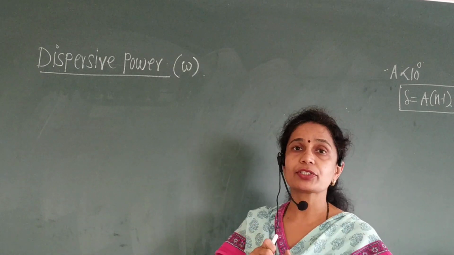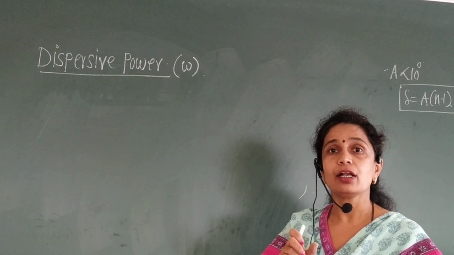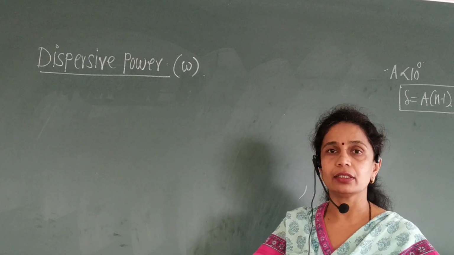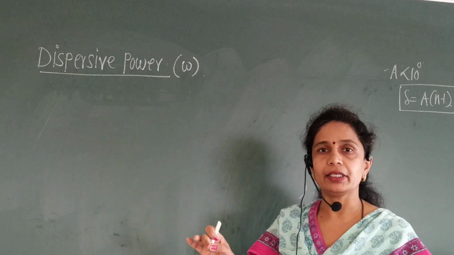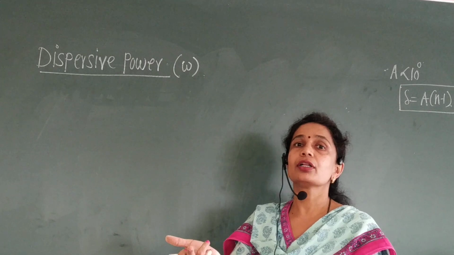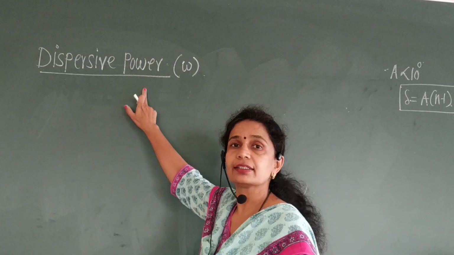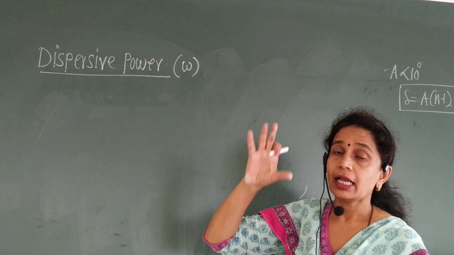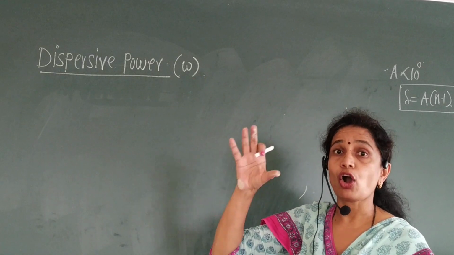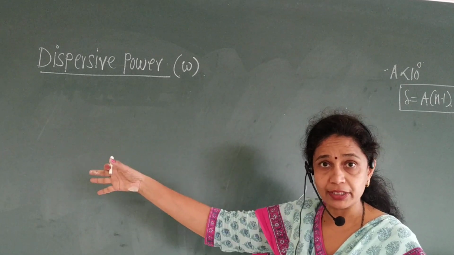Then what is the dispersive power? It is the ability of an optical material to disperse a beam of light into its constituent colors. Optical material here is the prism.